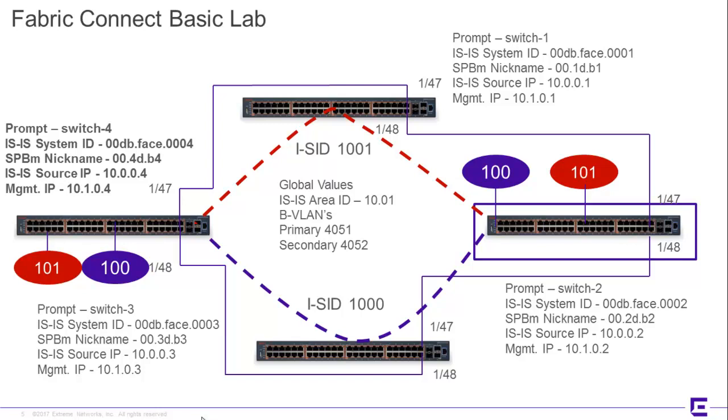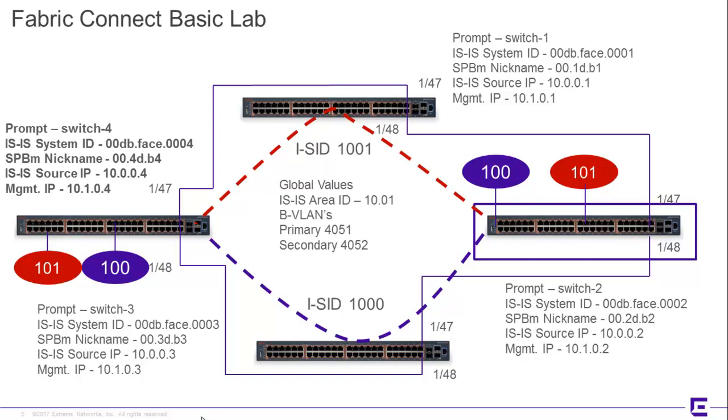This one is odd, and I'm doing it intentionally because I want to exercise the equal cost tree algorithm that I referred to earlier. ISID 1000 as well as ISID 2000, because they are even, are taking the secondary BVID path, which we know through previous use of the ISIS SPBM unicast tree command that 4052, the secondary BVID, is going across switch number 3.